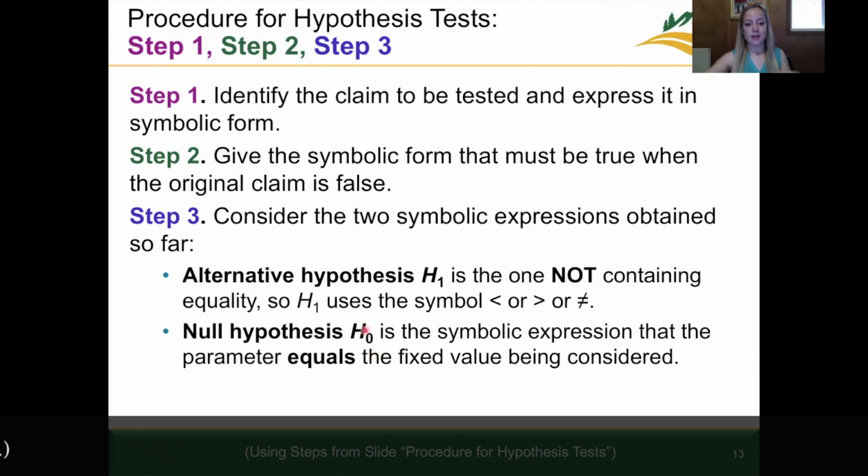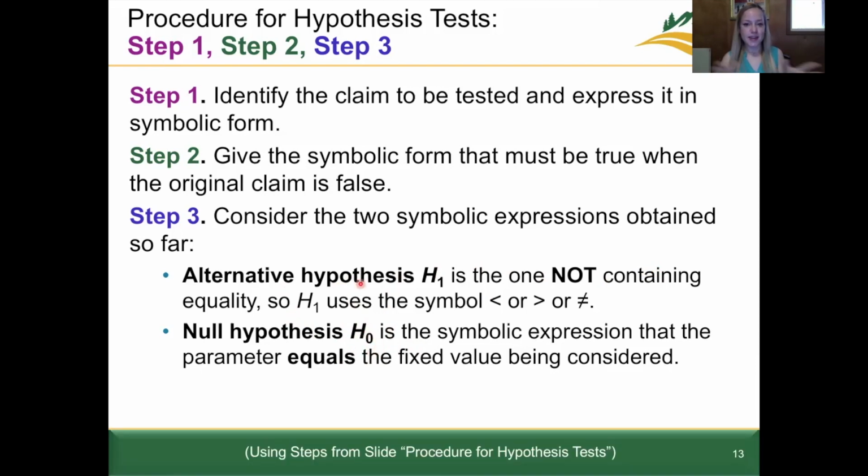Therefore, the alternative hypothesis will be any other value, other than the null hypothesis value. So the null hypothesis will contain equality, and the alternative hypothesis, H1, will be the hypothesis not containing equality, meaning an equal sign. So what you will see in an alternative hypothesis is a less than, greater than, or unequal to, or not equal to symbol.